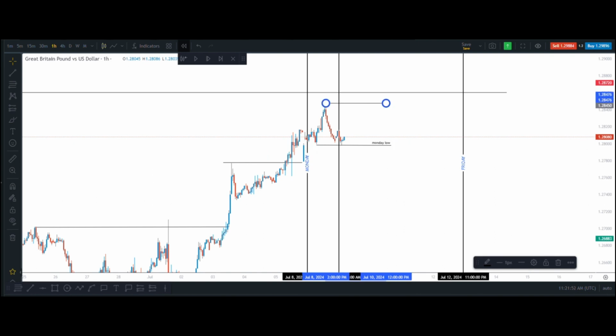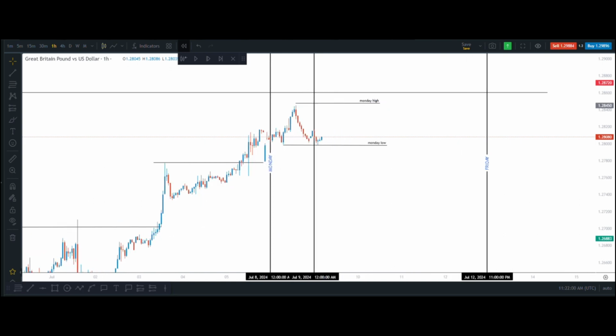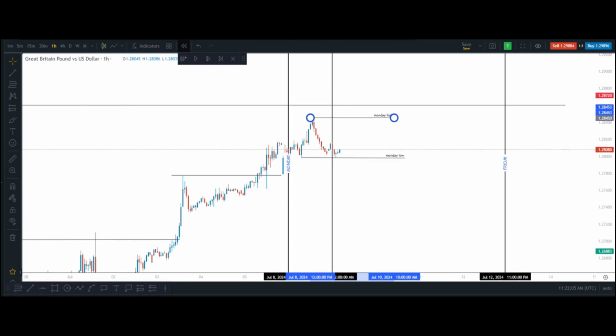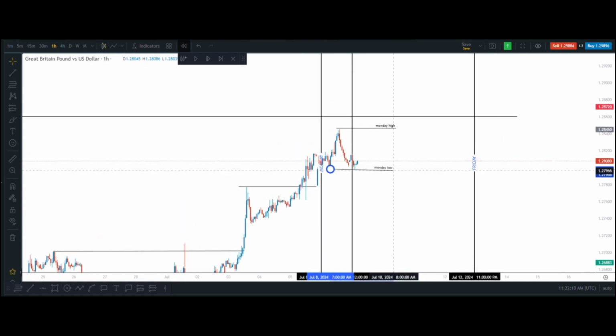Now that we've marked out Monday high and Monday low, the next thing is to wait and see. For our buyers to be correct, yes, we want to see price raid Monday low, right?